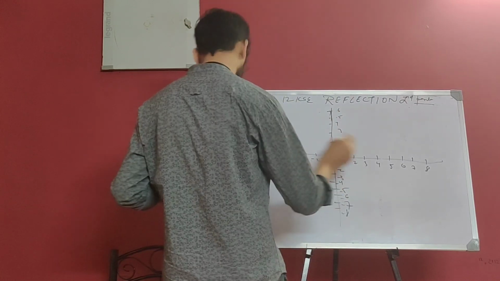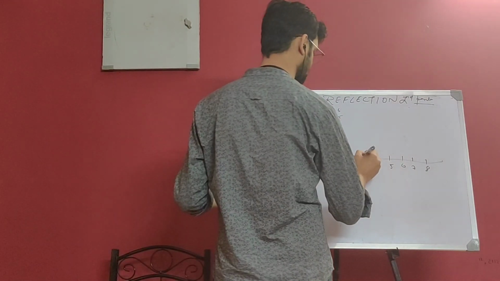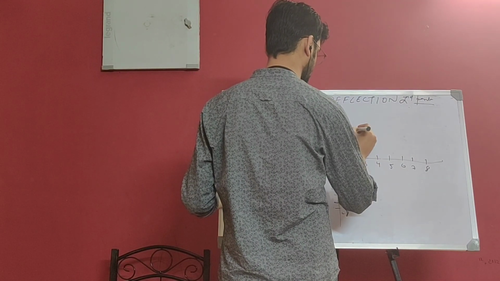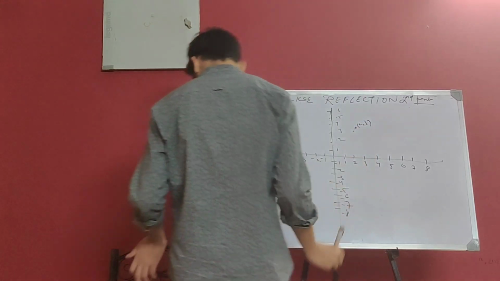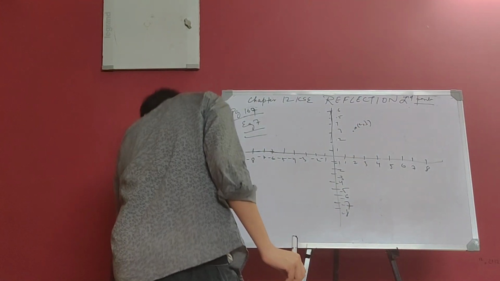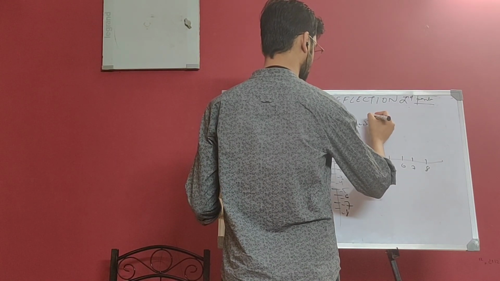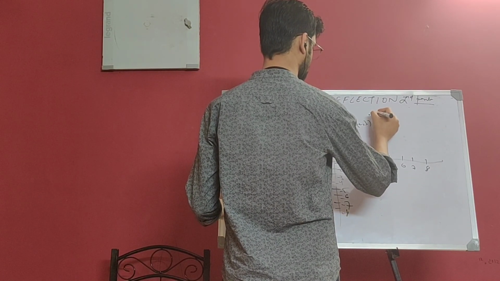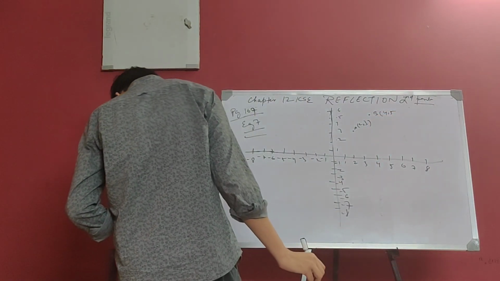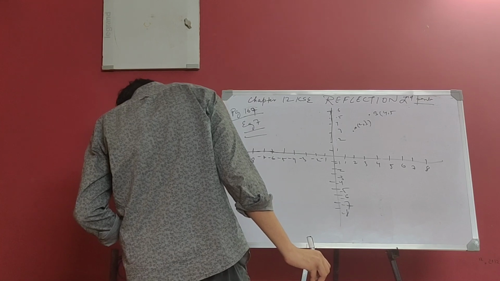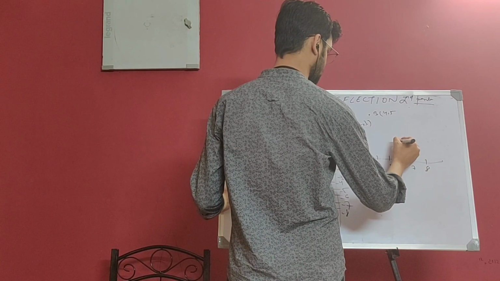So if someone is trying to plot A, that is 2 comma 3, here will be A. B will be 4 comma 5, somewhere here, and last is C. C value is 7 comma 2, somewhere here.